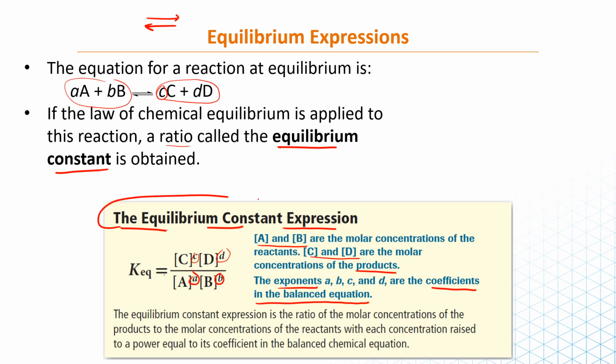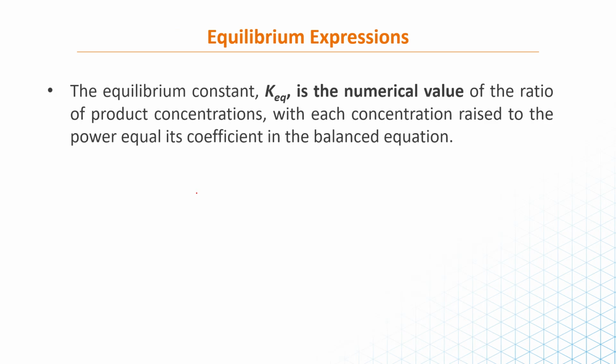And this is called the equilibrium constant expression, guys. So K equilibrium is a numerical value of the ratio of the product concentrations, with each concentration raised to the power equal to its coefficient in the balanced equation.